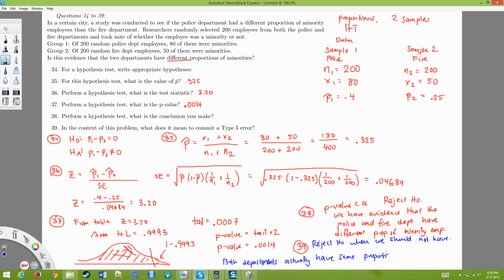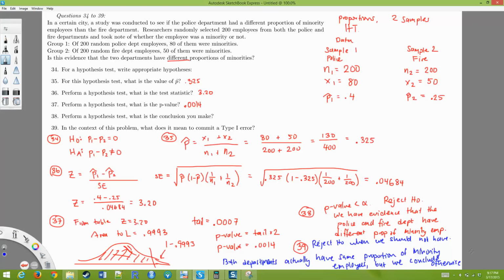I'm running out of space here. Of minority employees, but we conclude otherwise. Sorry, that's all squished in there. But that's what a type 1 error would be in this context.